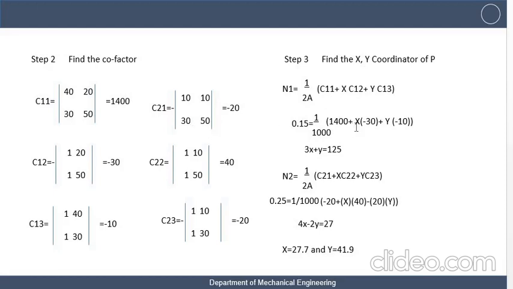Keep x and y as they are, and you will get 3x plus y is equal to 125.